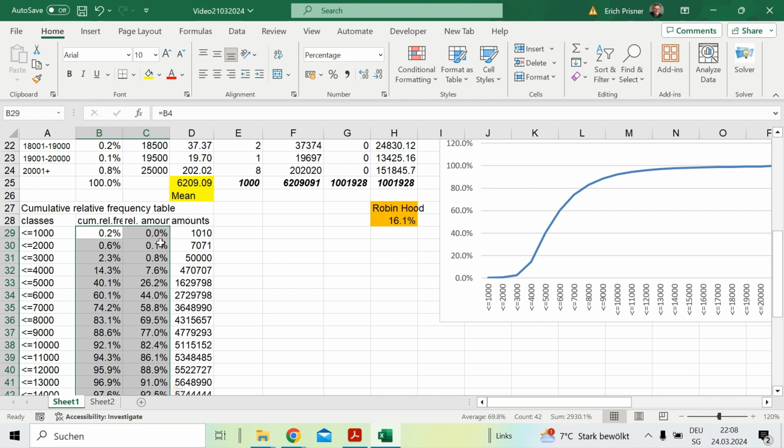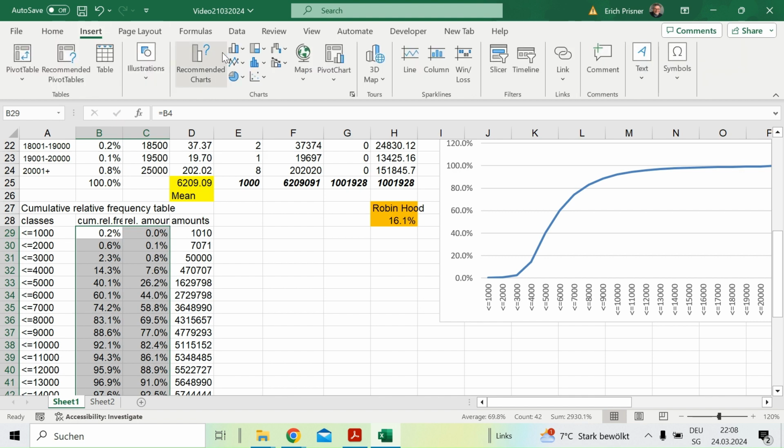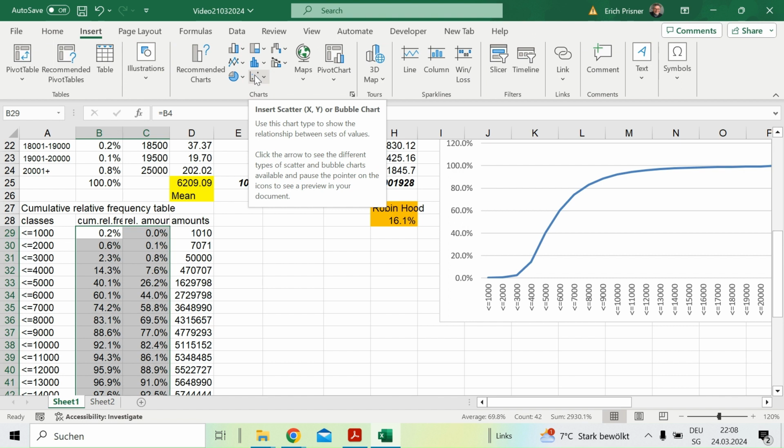Again, we need to insert a graph. So I'm going to insert, and I'm going to the graph section. And what I want to insert is a so-called scatter plot or scatter chart. Excel calls it scatter chart. A scatter chart just plots these points, x and y coordinates. So these are 20 points we have with x and y coordinates, and it plots these points in the Cartesian coordinate system.